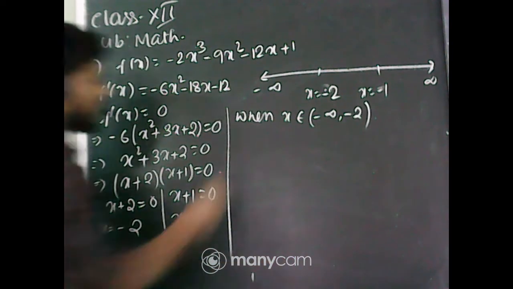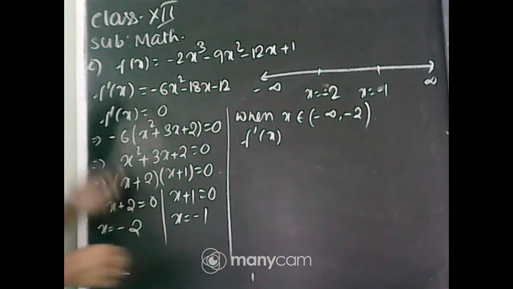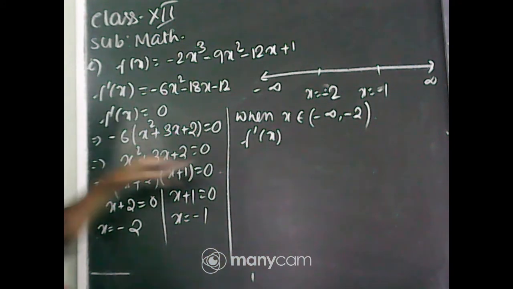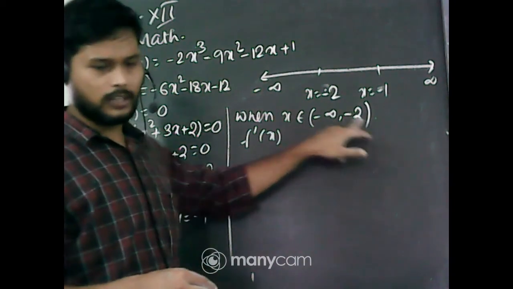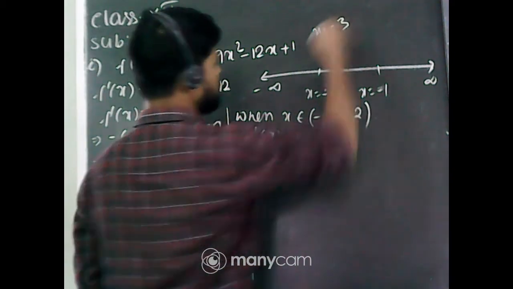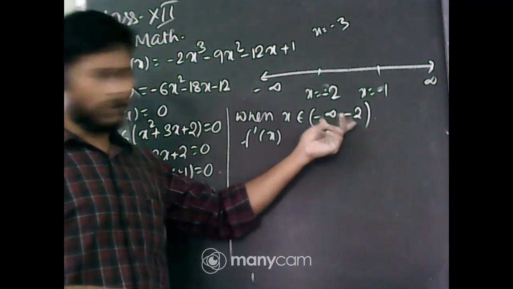Okay, so in that case, what is the value of f'(x)? Now put any value of x between minus infinity to minus 2. So if I consider x equal to minus 3, the number is lying in this interval.